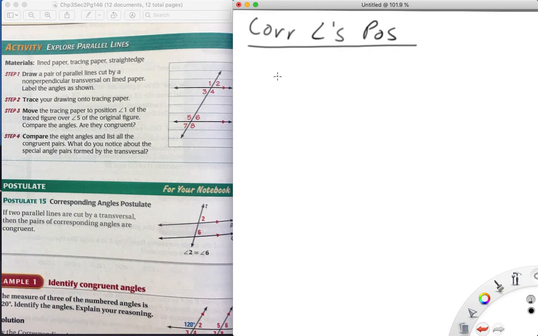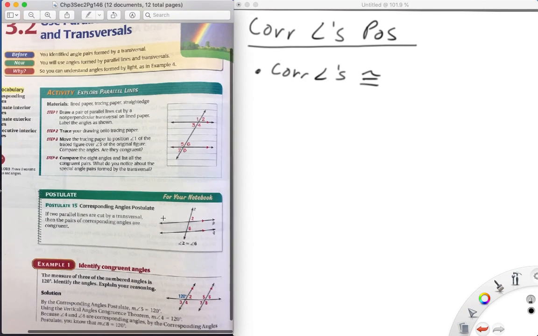I'm not going to write this whole thing down, but I suggest that you do. I'm just going to write here that corresponding angles are congruent. Since it's a postulate, we do not have to prove that. Isn't that neat?